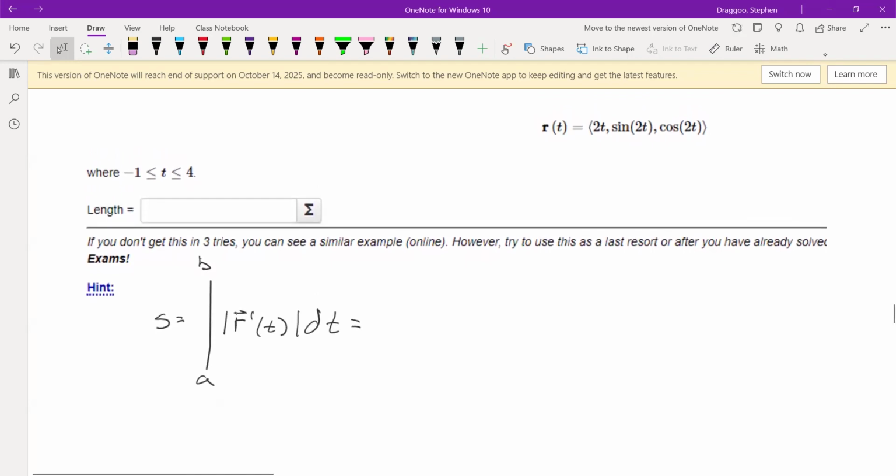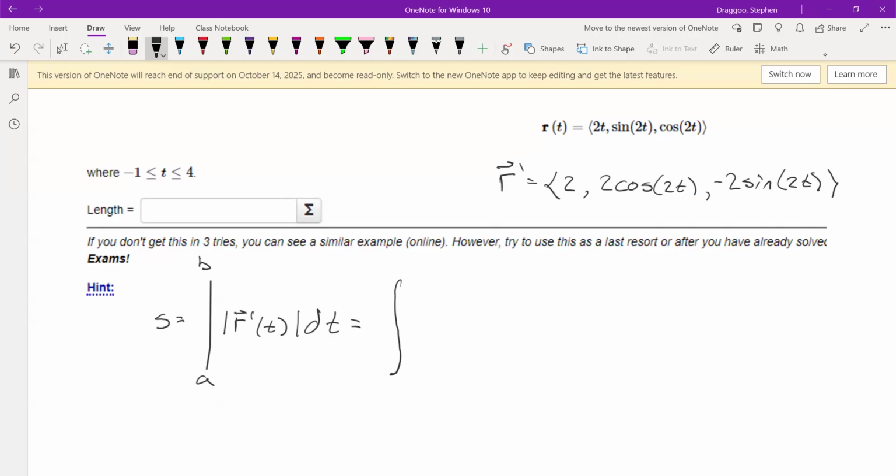So we were in the middle of figuring out the arc length of this curve between -1 and 4. So we want to find the derivative vector, which looks to me like it's going to be 2 cosine 2t and -2 sine 2t. So we want to integrate the magnitude of that vector from -1 to 4.